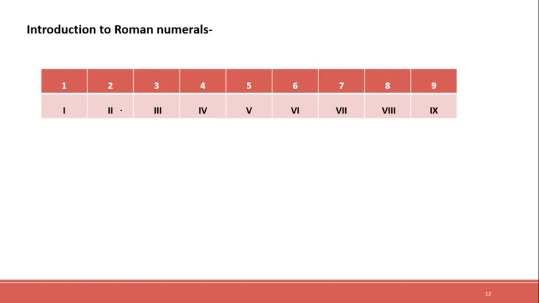Now let's come to the Roman numerals. As we have studied maths in numbers like this and so on, but there is another form of numerals also, and this is called Roman numerals. It is a kind of ancient numeral system, although people still use it sometimes.